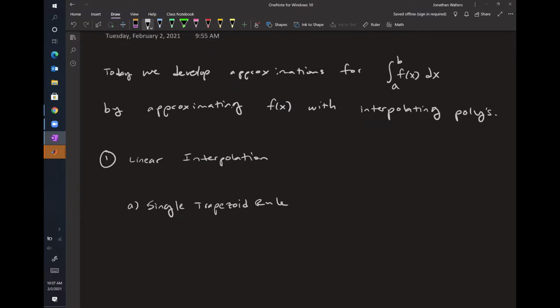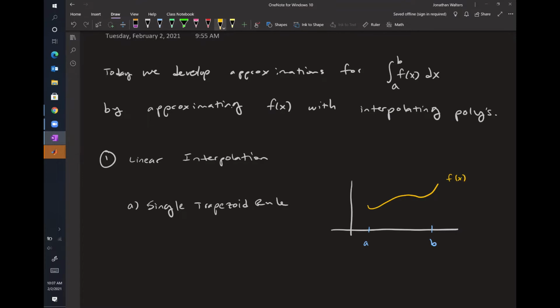So I have some function over some interval a, b, and let's say my function is something like this. So this is my f of x.